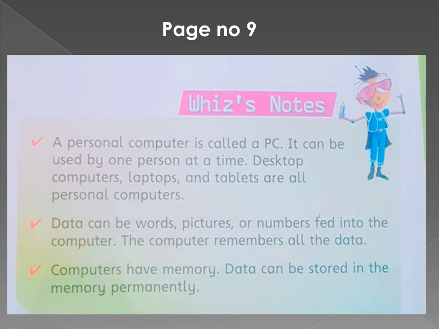Desktop computers, laptops, and tablets are all personal computers. Data can be words, pictures, or numbers fed into the computer. The computer remembers all the data. Computers have memory. Data can be stored in the memory permanently.